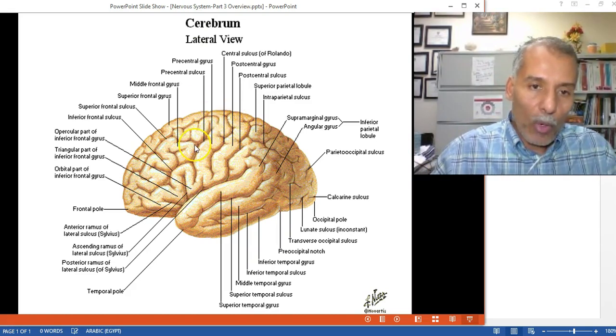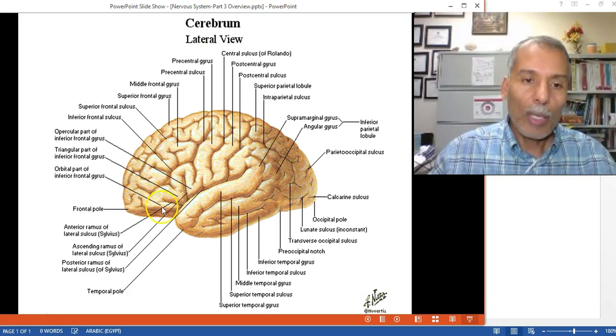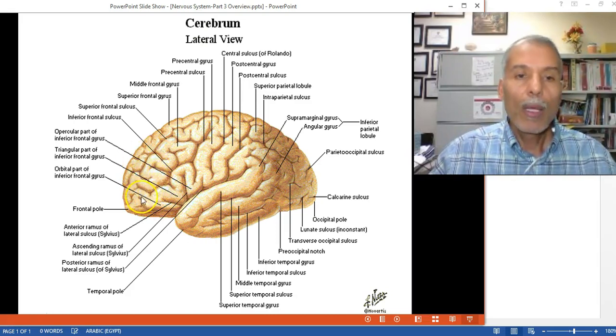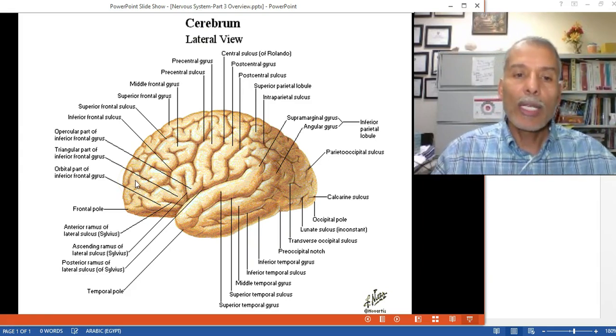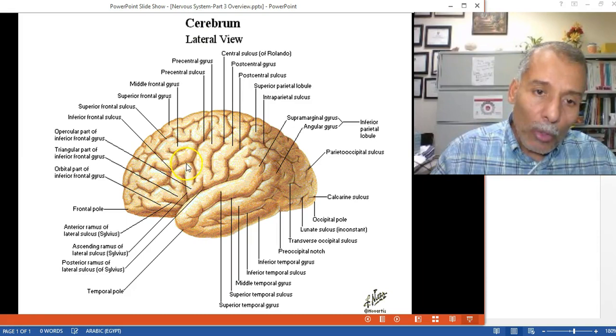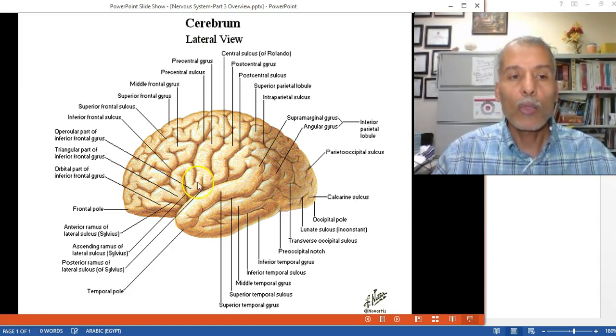And then we spoke about the prefrontal cortex, that whole area behind the skull, behind the forehead. Broca's area, if you look at these two little areas here, that is where Broca's area is. That is very, very important for language.